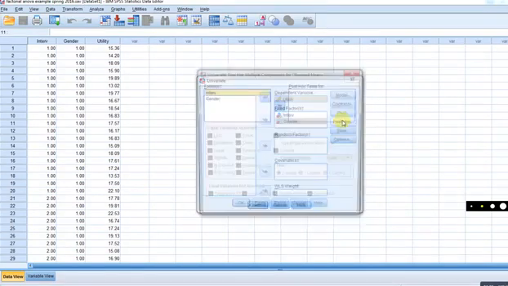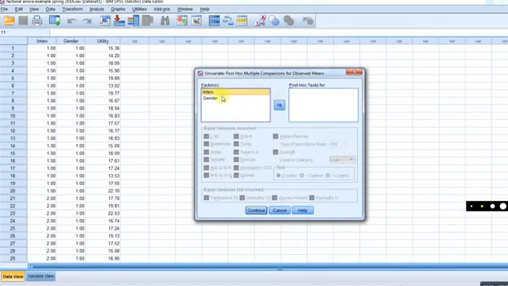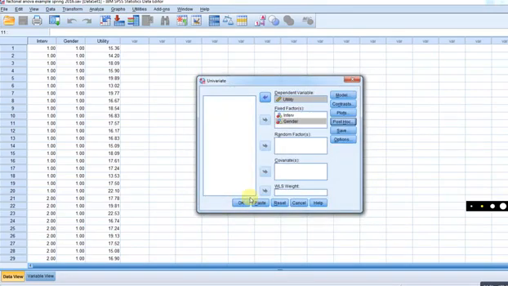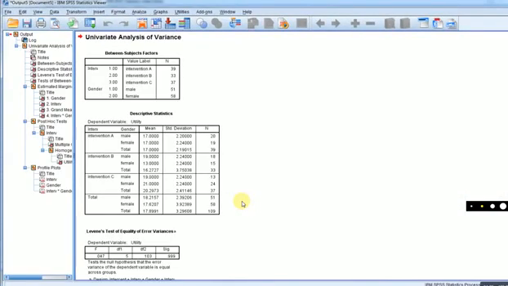If I click under Post Hoc, I can move intervention over to post hoc test. This only makes sense if your independent variable has more than 2 levels. So gender would not make any sense to move over for post hoc tests since it only has 2 levels. In this case, I'll click on Tukey and then continue, and then OK.